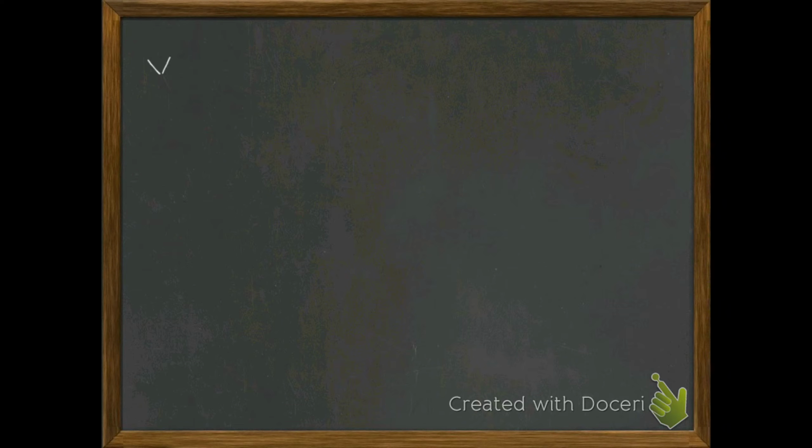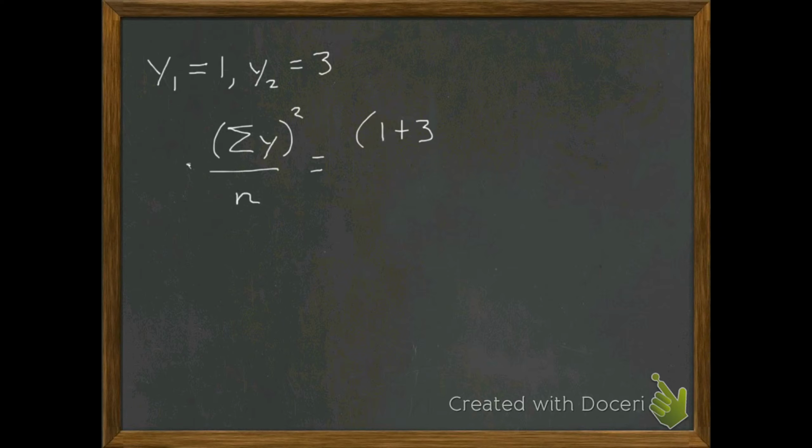Let y1 be 1 and y2 be 3. First of all, if we take the sum of the y's quantity squared over n, we're going to get 1 plus 3 quantity squared over 2, which of course is going to be 8.